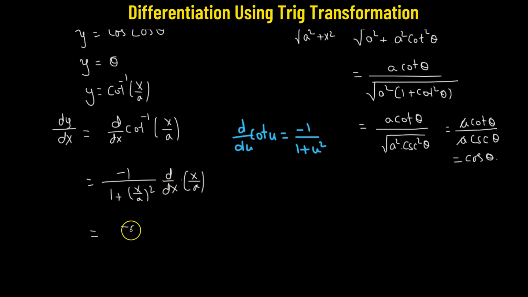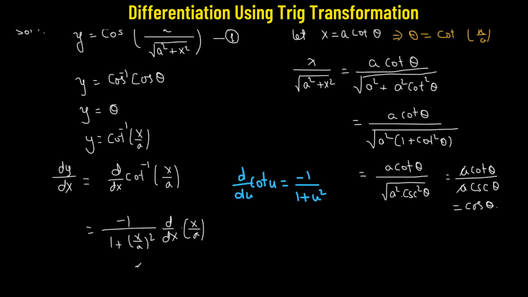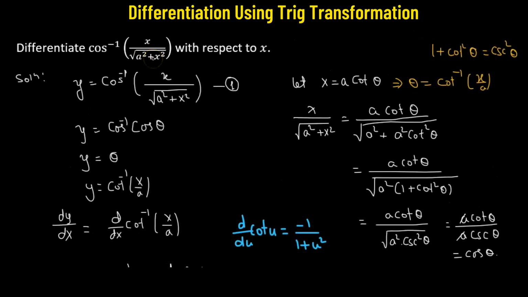This gives us -a squared divided by x squared plus a squared, multiplied by, since 1 over a is a constant, we can pull it out of the derivative, the derivative of x with respect to x. Now one a from the denominator and 1 from the numerator goes away, and our final result will be -a divided by x squared plus a squared. So the derivative of cosine inverse of x divided by square root of a squared plus x squared is -a divided by x squared plus a squared.